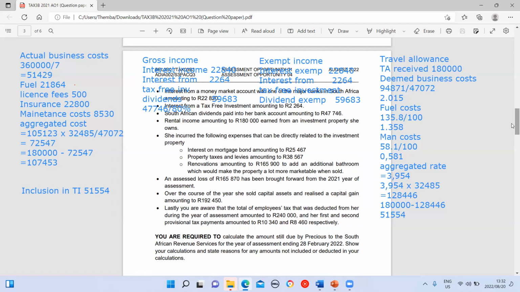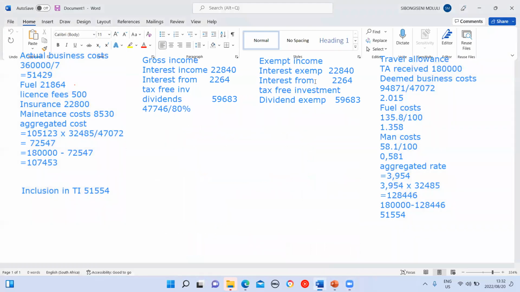So the 180,000 rand in full will be included in gross income. Now let's move on.